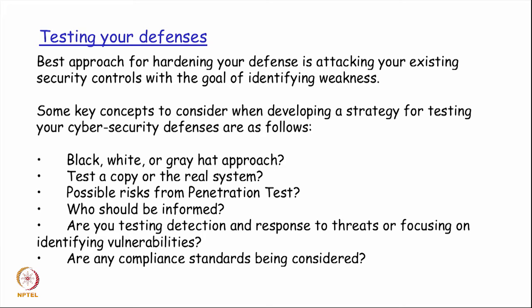Because if I have a virtual environment and test it out, even if I do some very regressive test like a DOS attack, since it is not the live production environment, even if that virtual environment, which is a copy of the original environment, cracks down, my business will not suffer, right.